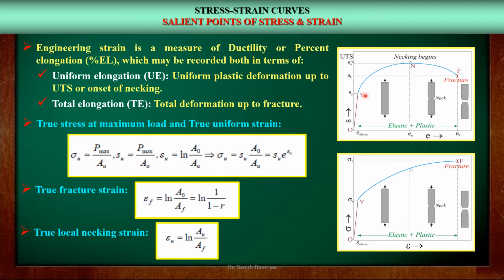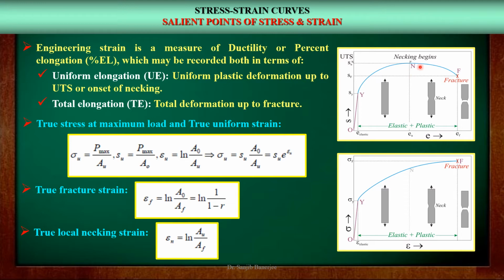Next, from this yield point, the stress strain curve goes up through the stage of strain hardening and reaches the maximum point where the strength is ultimate tensile strength, or UTS, which is denoted by SU in this figure.